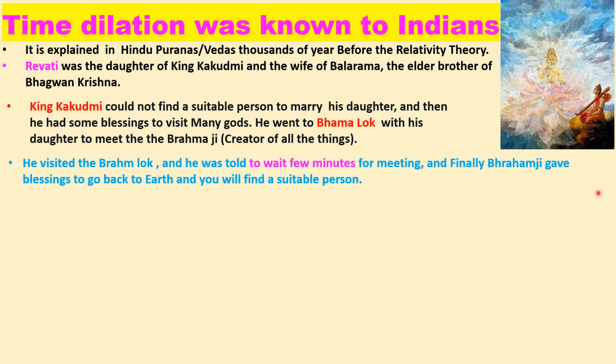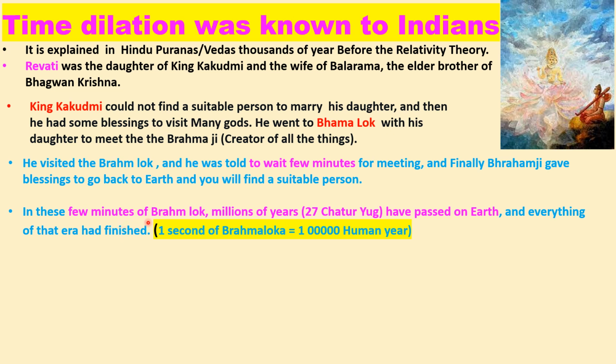So King Kakudmi visited Brahmlok, and when he reached Brahmlok, he was told to wait for a few minutes for the meeting, and finally Brahmaji met him and gave him the blessing: go back to earth and you will find a suitable person on earth.